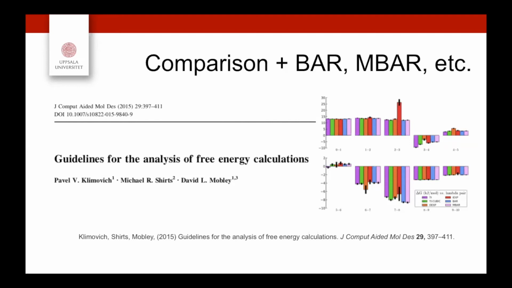With all these methods, with Bennett acceptance ratio and other ones that I haven't mentioned before, multi-parameter Bennett acceptance ratio, and also TI and FEP, which is exp as well, it's the same thing.